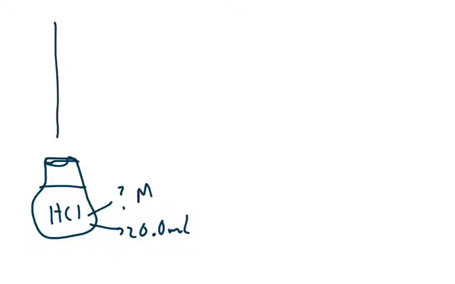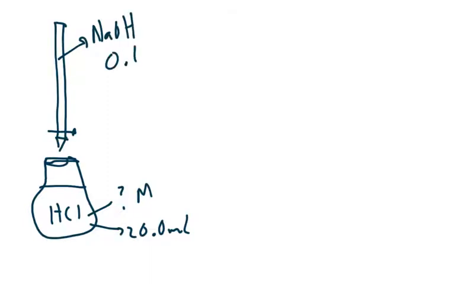Now, the burette is where you put the known solution. Here's a little stopper. You're going to put here NaOH, and according to this, 0.100 molar was our concentration.